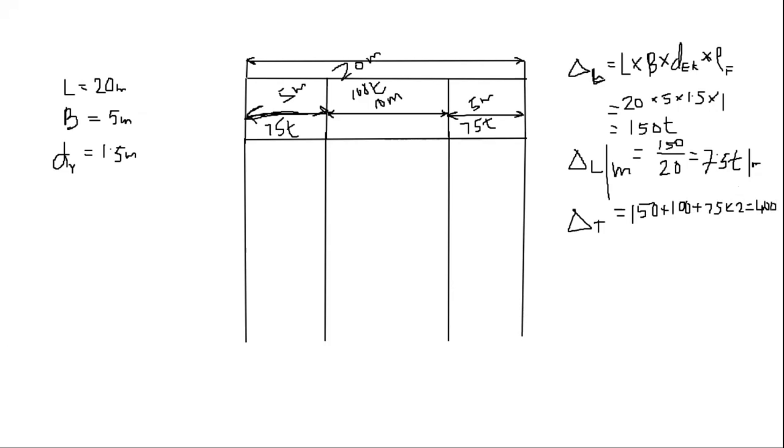So the total displacement after loading is 400 tons. This displacement will give us the buoyancy, and the buoyancy will be equally divided, because it is a box barge or box vessel. We can calculate the buoyancy per meter: it will be 400 divided by 20.